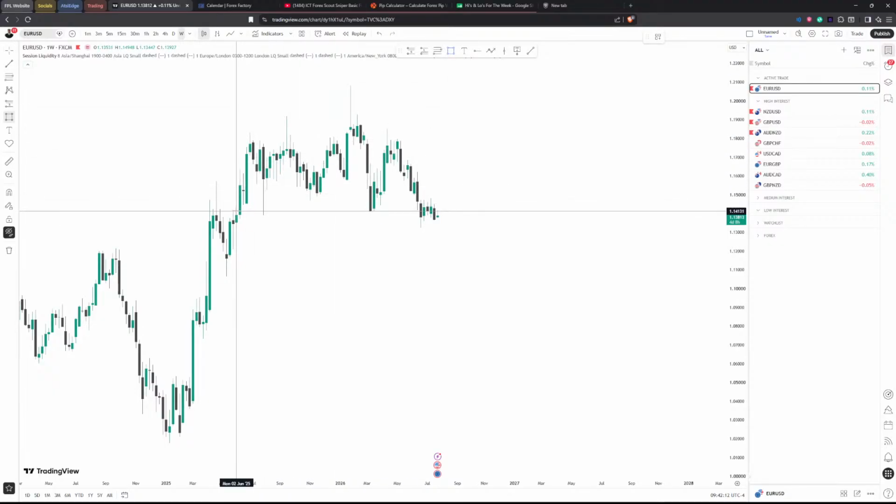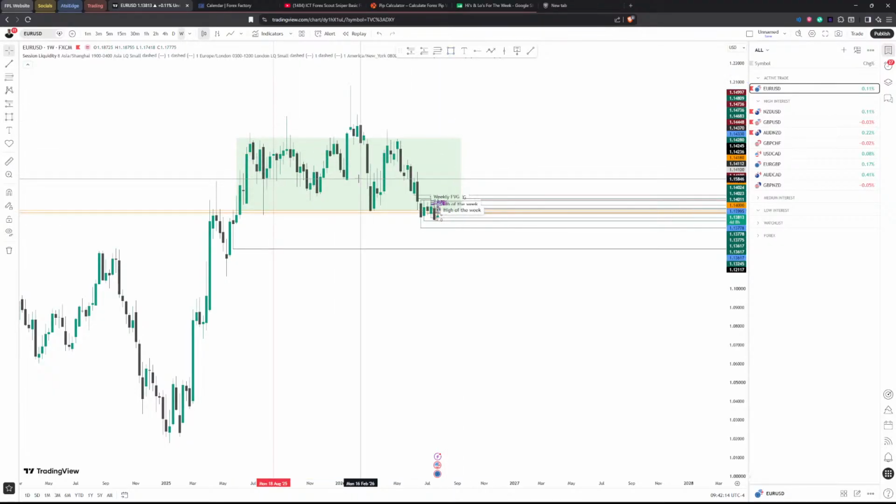We've been consolidating for a while, like right here, and we sweep above these highs and the upper limit of the consolidation, displace back down all the way to the bottom of the range, come all the way back up, sweep a bit again, and then we come all the way back down beyond this consolidation area, and even below this ultimate wick down here.